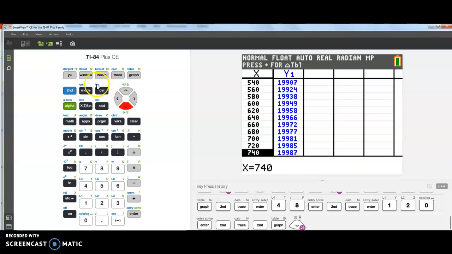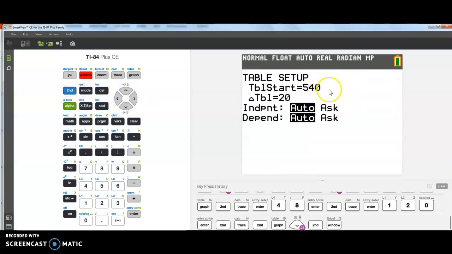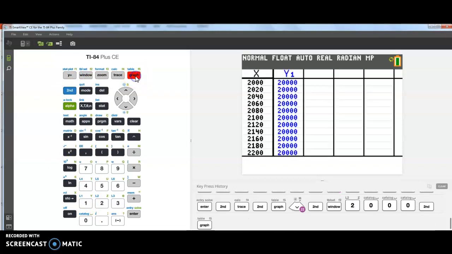So in my table setup, second window, I can start my table at a really high value. So let's start it at 2,000. All right, let's look at our table. And we can see here that it clearly has reached 20,000 and it stays at 20,000.